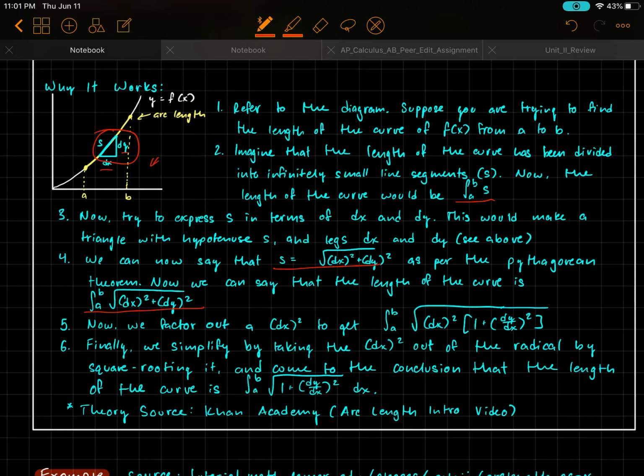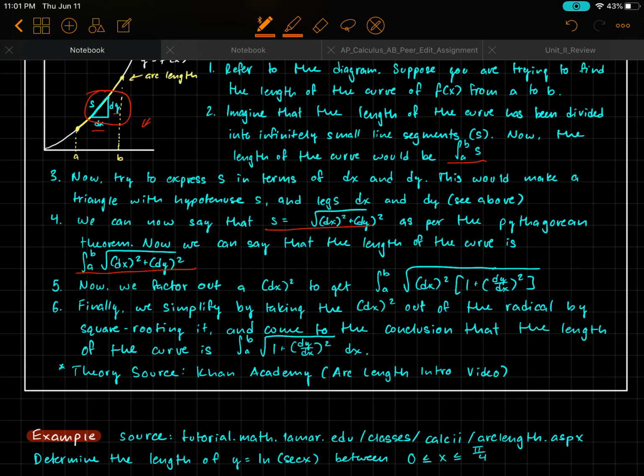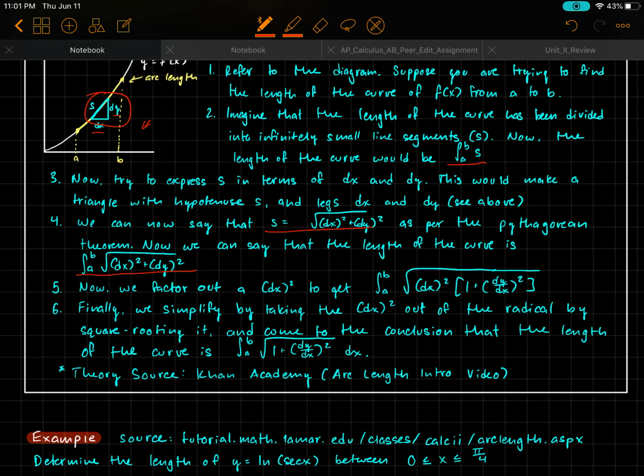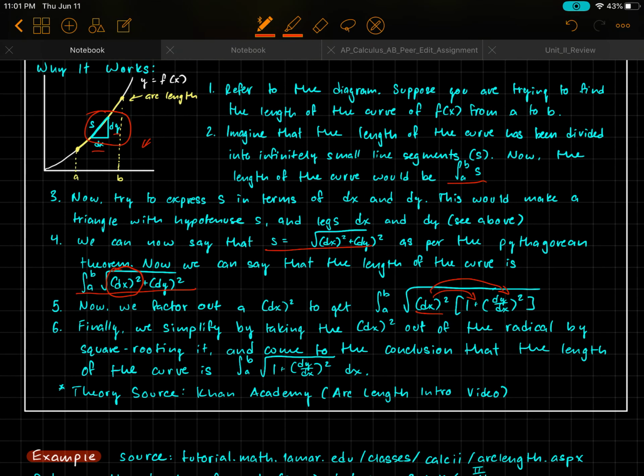We're close, but not completely at the point where we can prove the formula up here, so there's just a few more steps. The first thing we're going to do is take this dx squared and factor it out. So we factored it out, it's right here now, and if you put this back in, using FOIL, you will get the original that we had.